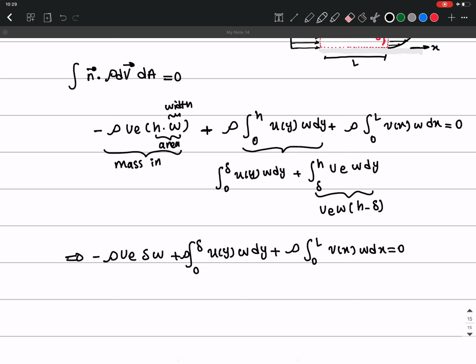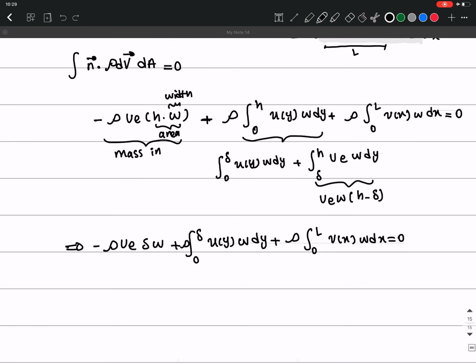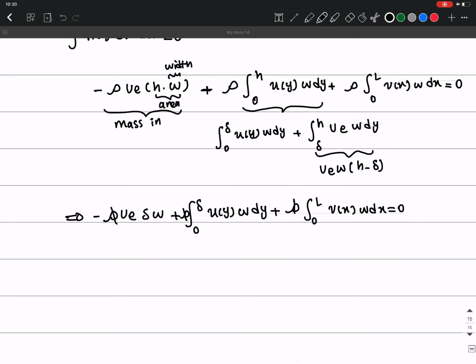And so W's are going to also cancel out, so I can just write it like this. So we are left with one equation for mass conservation.